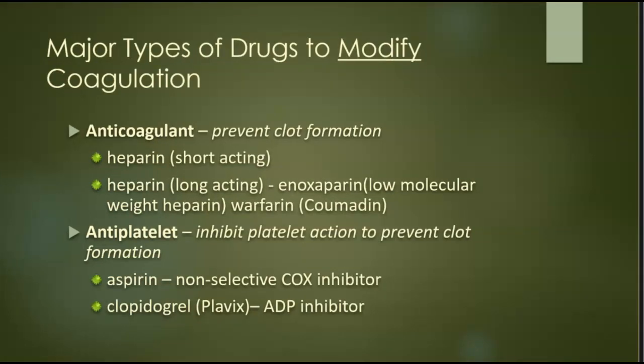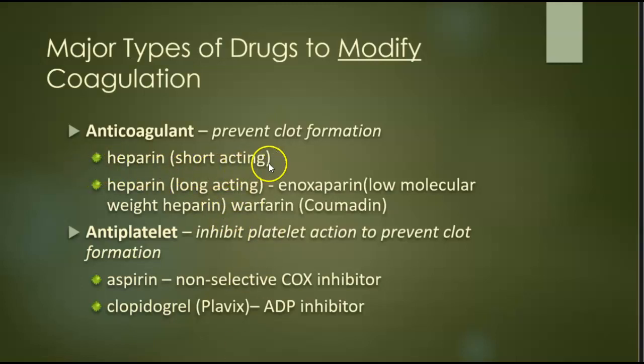Okay, so we have drugs that modify coagulation, and there's two main types that I want you to learn. One is anticoagulants, and the other is antiplatelets. Now, in anticoagulants, we have heparin, and I apologize, I'm just now seeing that I need actually a third bullet under this.